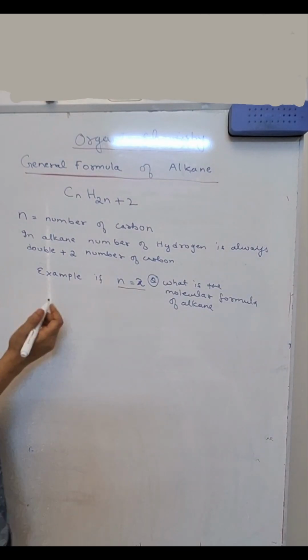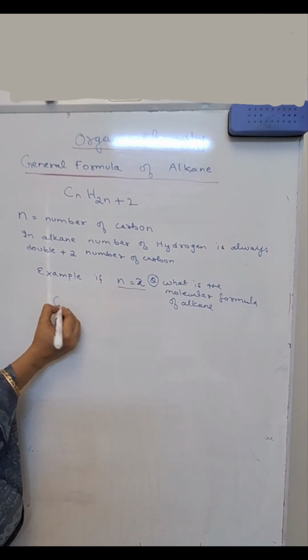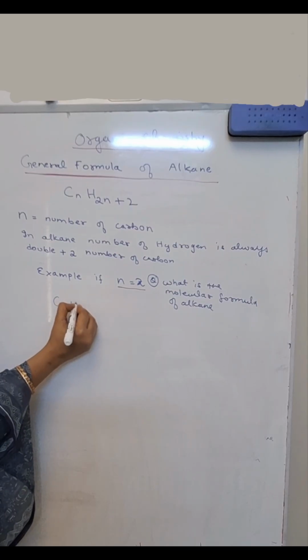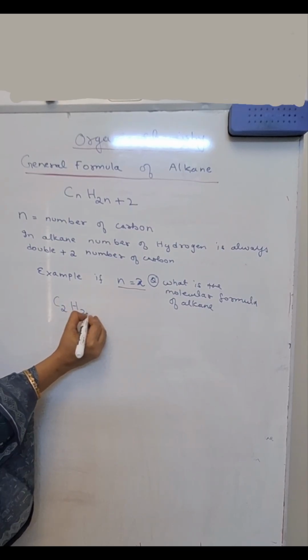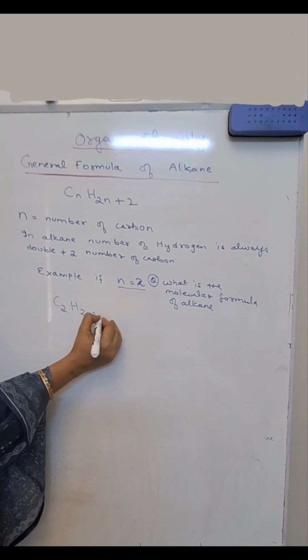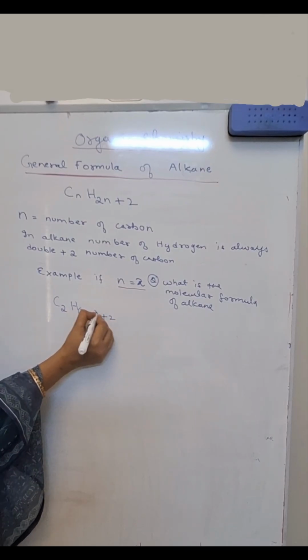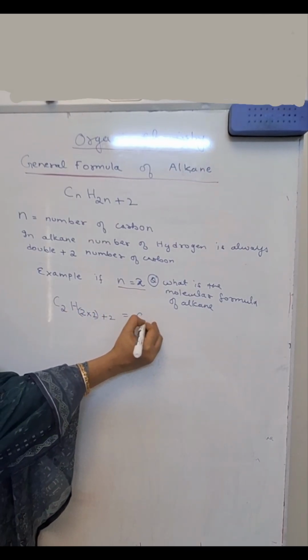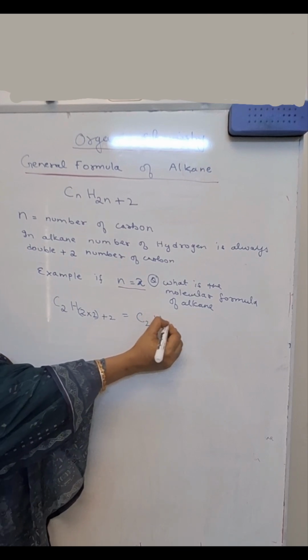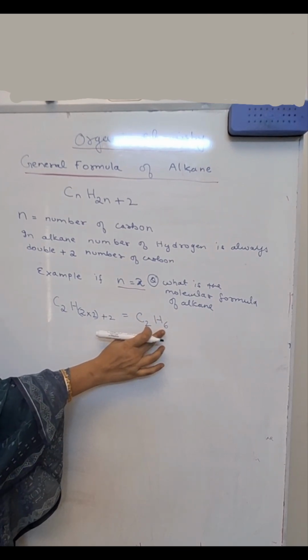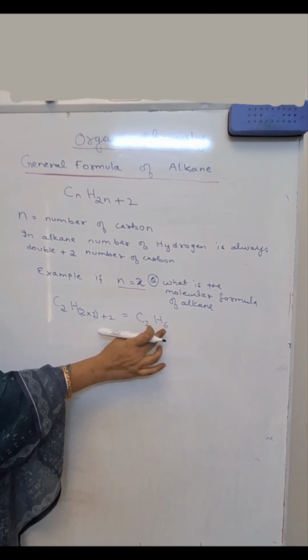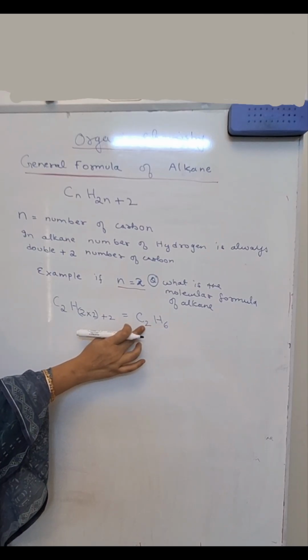Now you see this: carbon is 2, hydrogen is 2 into 2 plus 2, so it will be C2H6. So always the number of hydrogen is double plus 2 of the carbon.